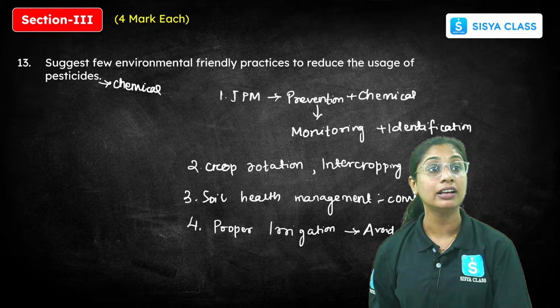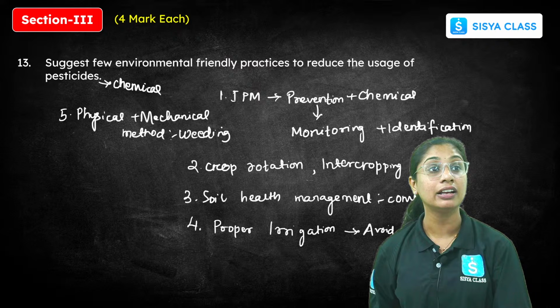We have physical and mechanical methods also. So what are the physical and mechanical methods? Here I am talking about weeding. The weed plants which compete with the crops for nutrition and space, we should take them out.